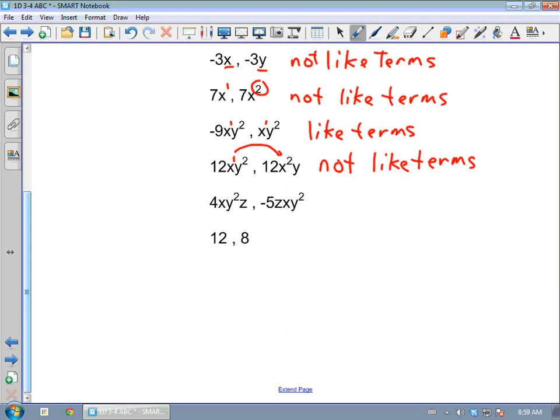Next one here. 4xy squared z, negative 5zxy squared. Like terms or not like terms? What do you think, Andrew? You're right. These are like terms. How do you know, Andrew?